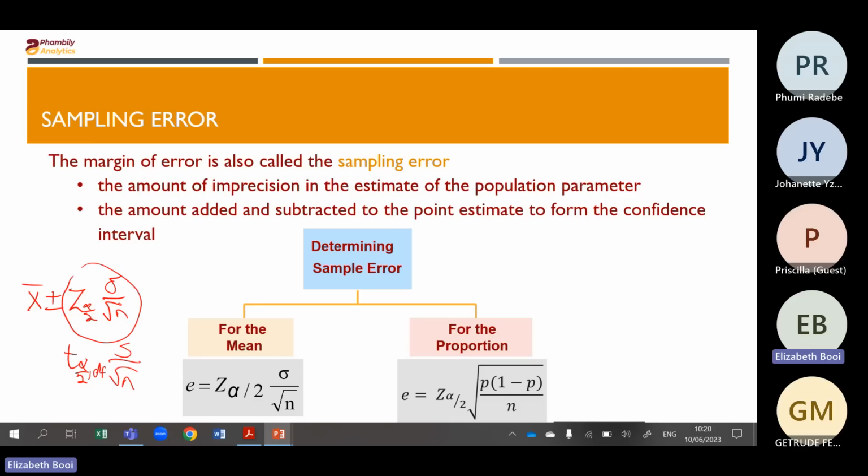And if it is in the proportions, you will only select the last bit of your Z alpha divided by 2 times the square root of P times 1 minus P divided by n. You're only going to take that portion from that formula.